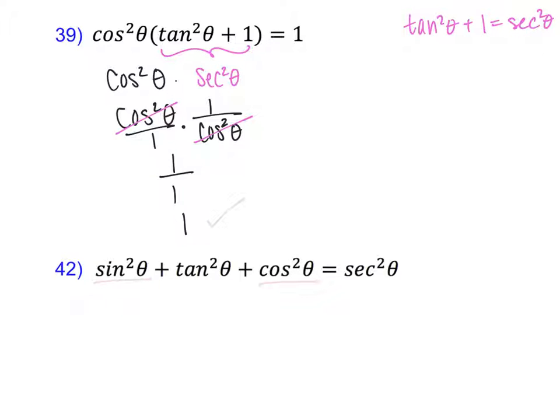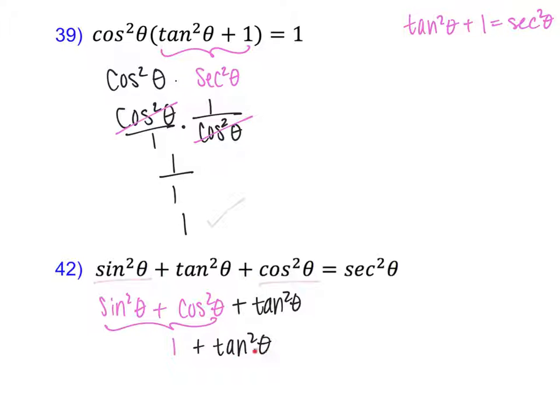Let me write that in pink so we can see that they're different. When you take cosine squared and add it with sine squared, they add to give you 1. They can be replaced by 1. And so now I have 1 plus tangent squared theta.